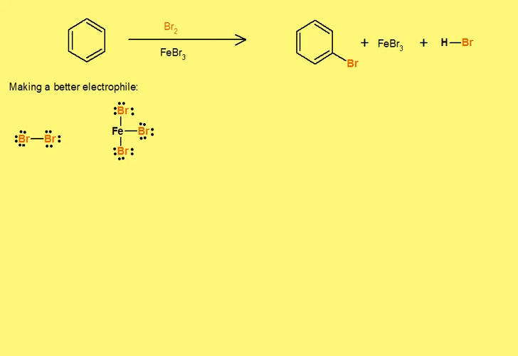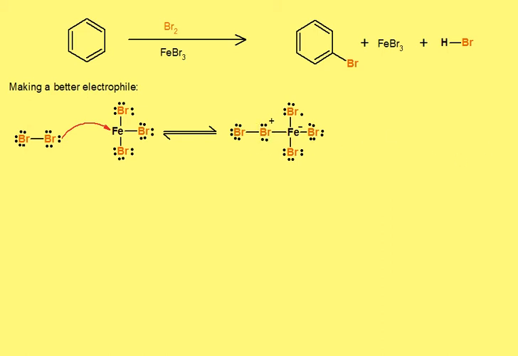So the bromine can form a complex with the iron bromide. And that iron bromide complex, of course, puts a positive charge on the bromine.